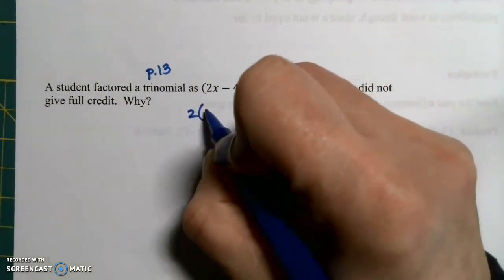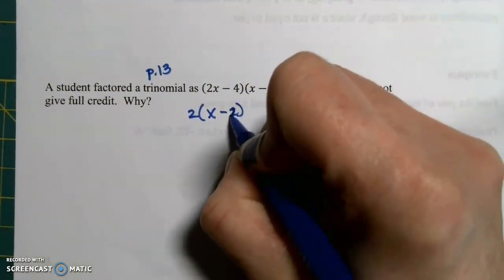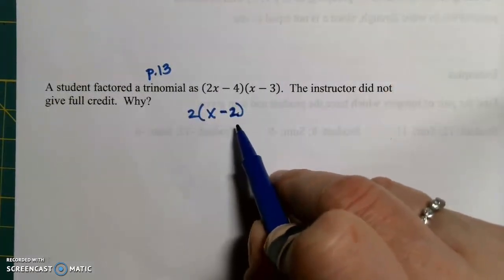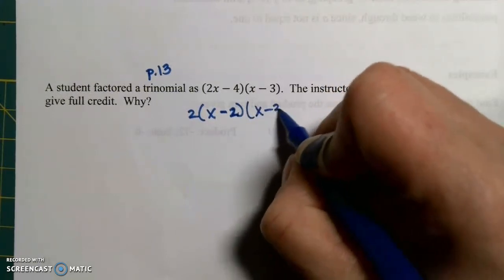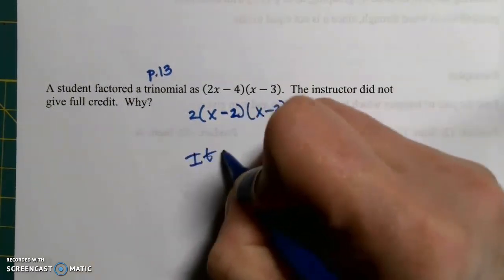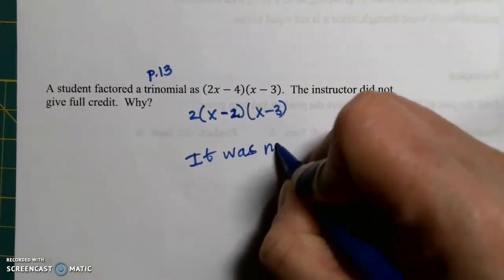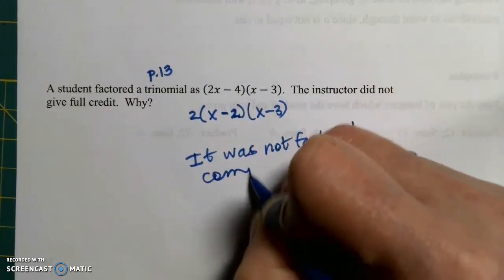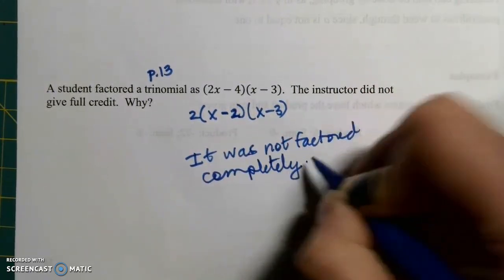So I could have factored this further to 2 times the binomial x minus 2, and then, of course, the x minus 3. So it was not factored completely. There was a GCF there on that initial term.